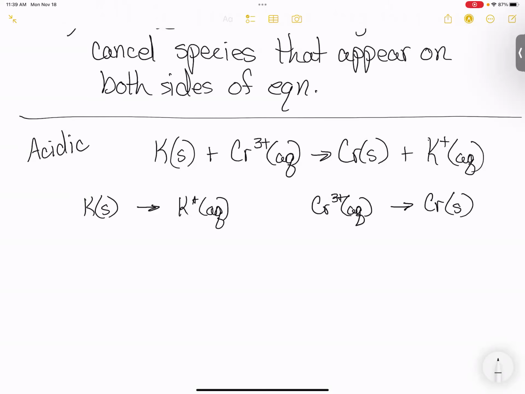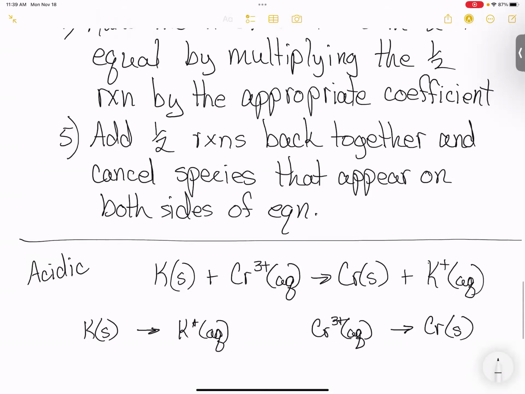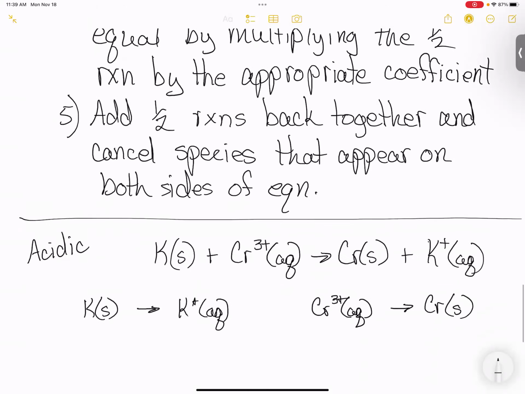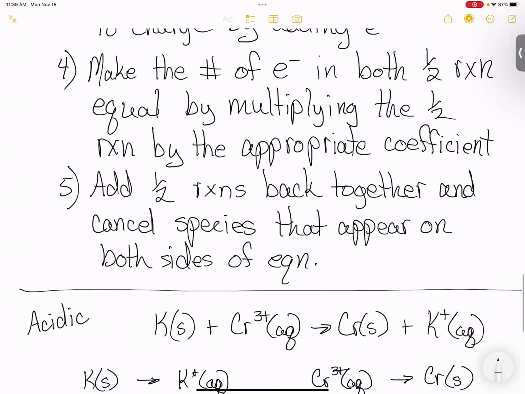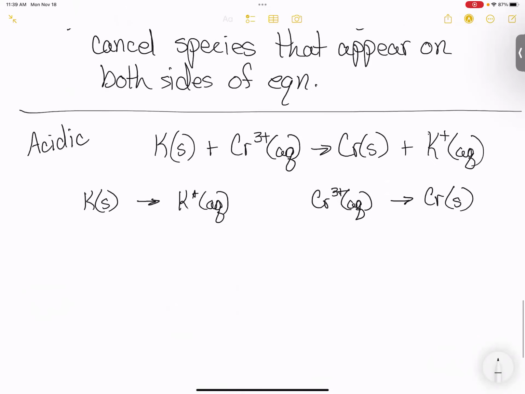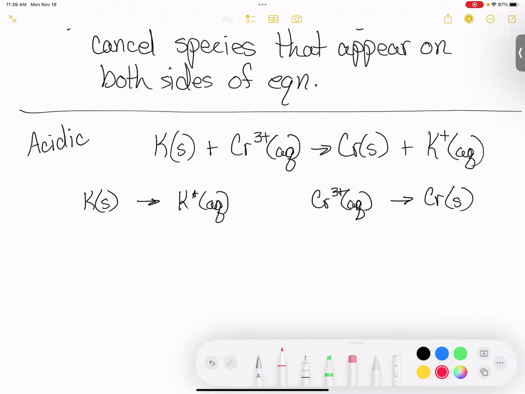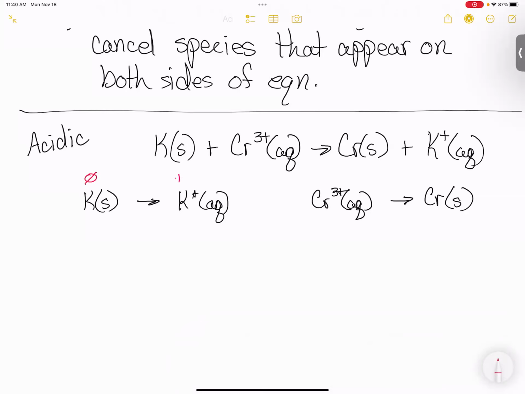So our next step, we are up to step number 4, and that is to make the electrons match. Or no, I'm sorry. Step number 3, balance the half reactions with respect to electrons and charge. So right now, on the left-hand side, potassium in its natural state has a charge of 0, and we have a charge of +1.